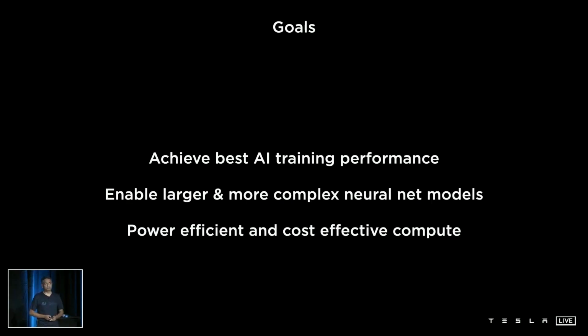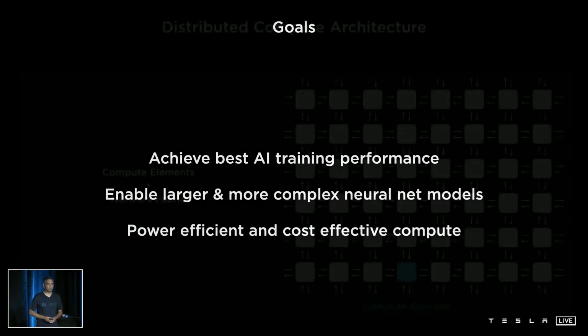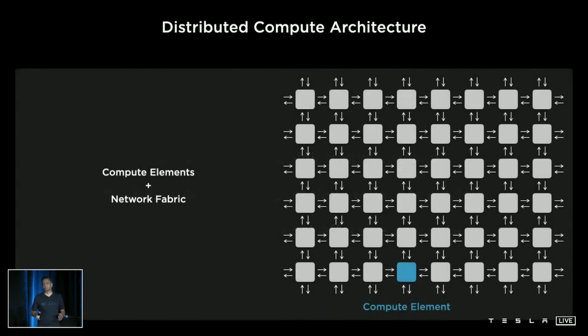So we thought about how to build this, and we came up with a distributed compute architecture. After all, the training computers out there are distributed computers in one form or the other. They have compute elements in the box out here connected with some kind of network. In this case, it's a two-dimensional network, but it could be any different network.